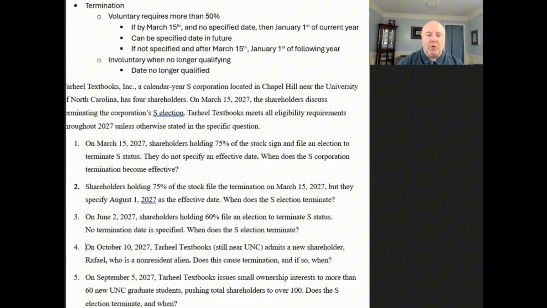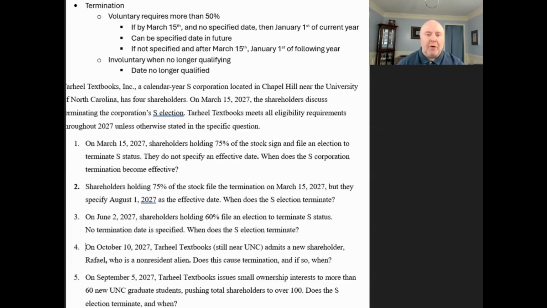Well, here's our rules. If the termination is made by the 15th day of the 3rd month, so March 15th for a calendar year corporation, and no specific date is specified, then we go retroactively back to January 1st.